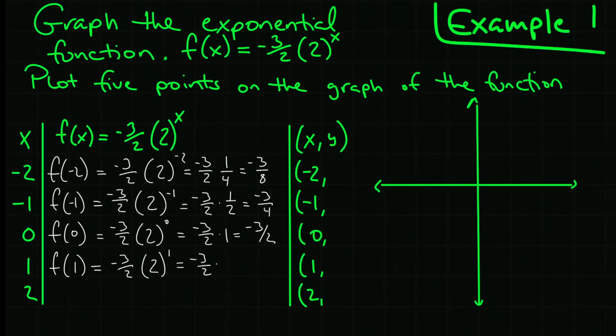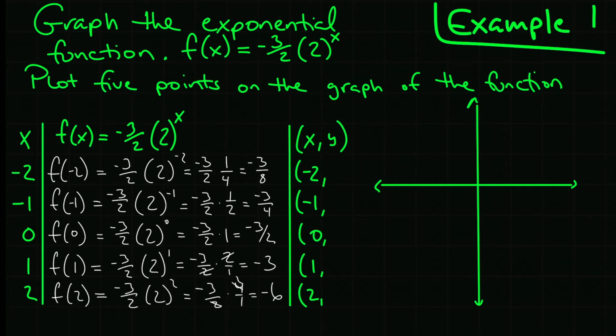So you have -3/2 times 2, and that will cancel, leaving us with a -3. And lastly, we have f of 2 is equal to -3/2 times 2 to the second power. That will be equal to -3/2 times 4. And we can reduce that, and that's going to be equal to -6.